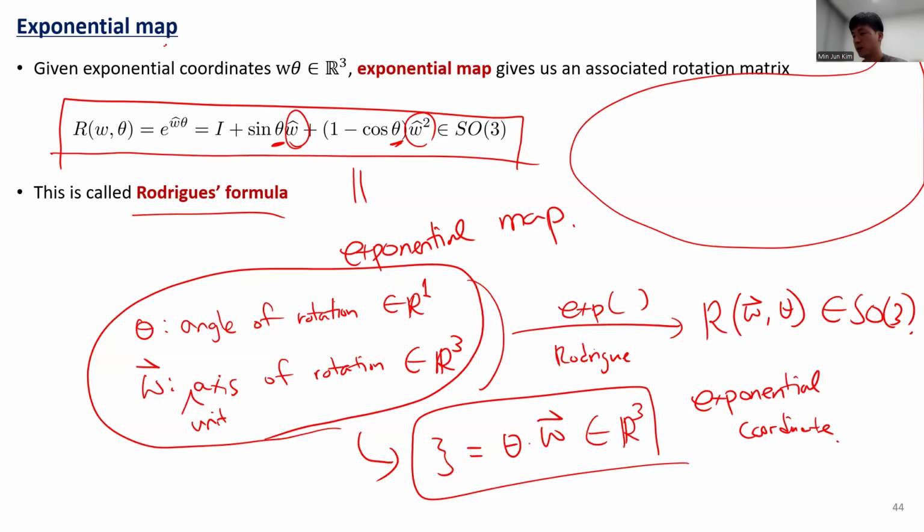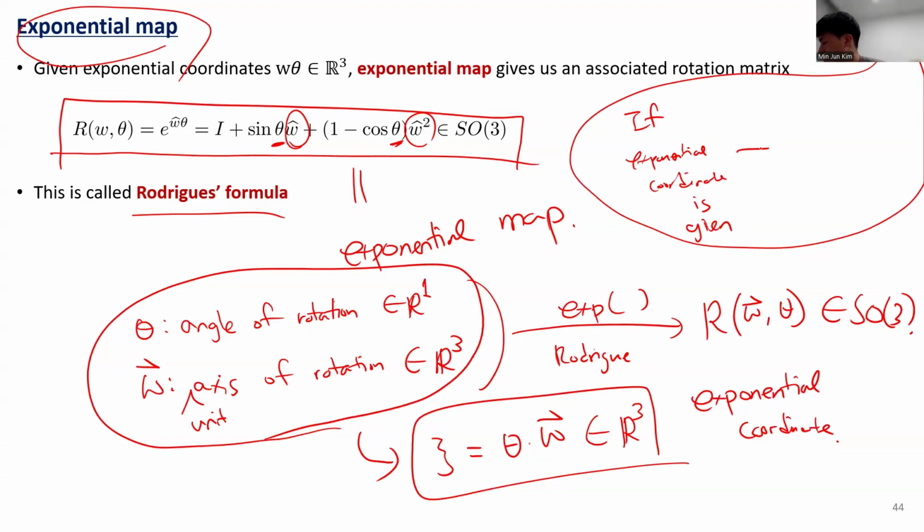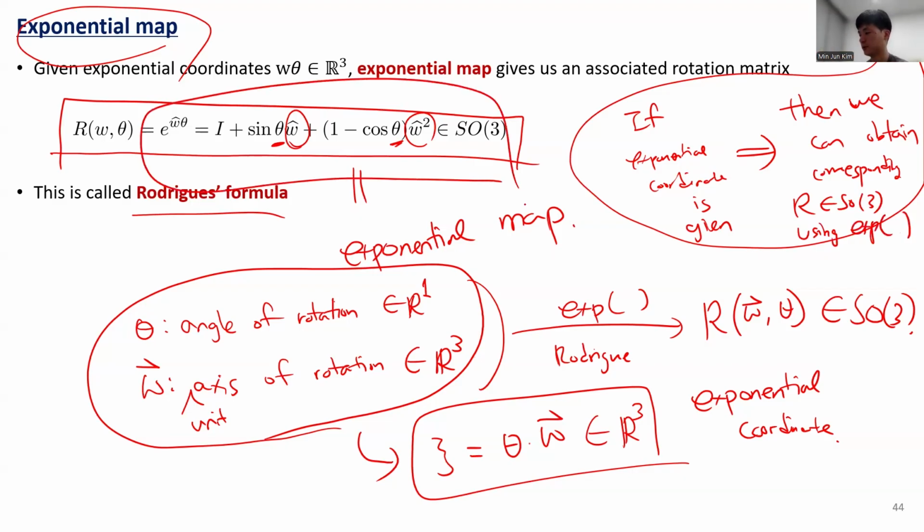So for this exponential map, if the exponential coordinate is given, then we can obtain the corresponding rotation using the exponential map, right? This exponential map.